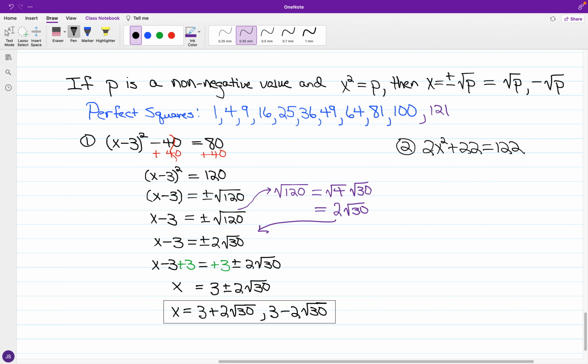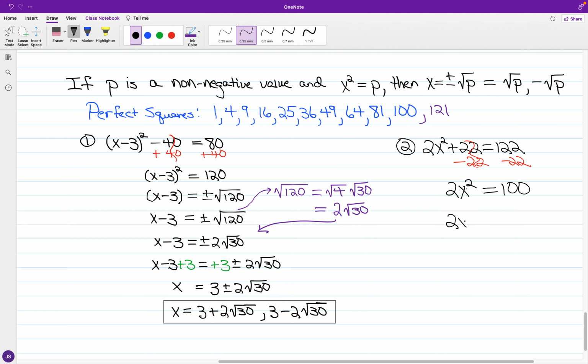If I'm using the square root property of equality, first of all I'm going to get the 2x squared by itself. So I'm going to take 22 away, and in the rewrite we have 2x squared is equal to 100.